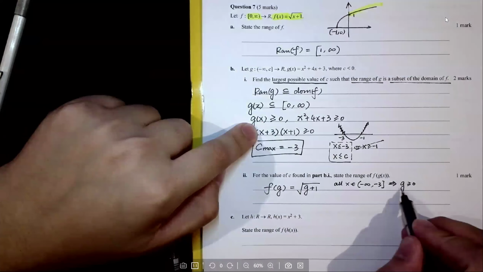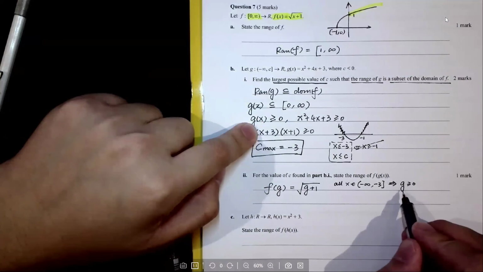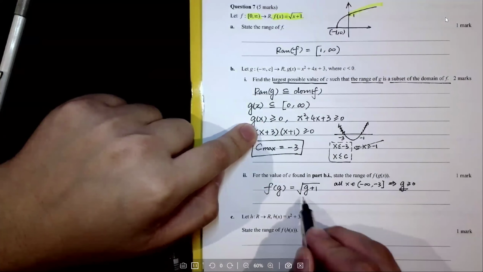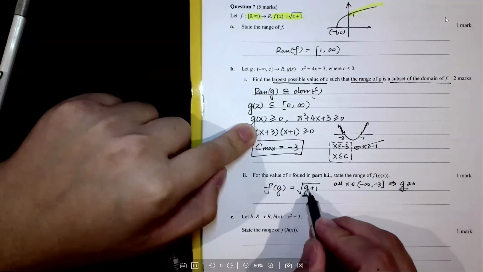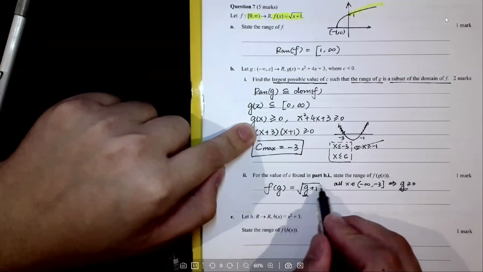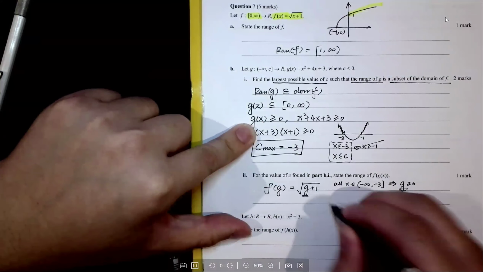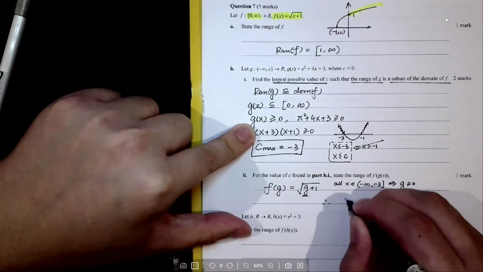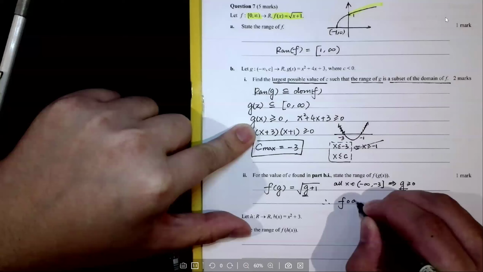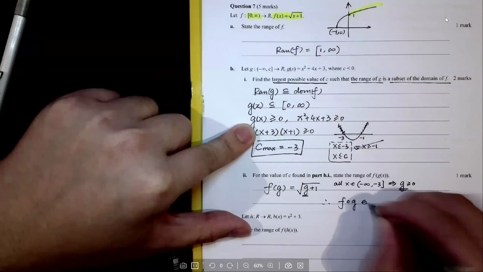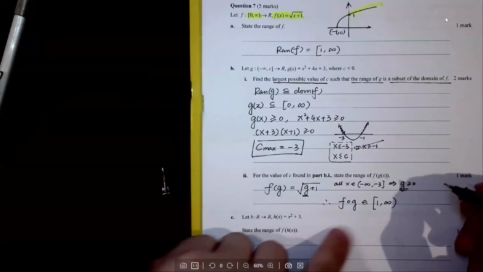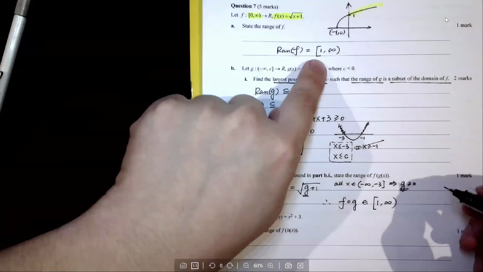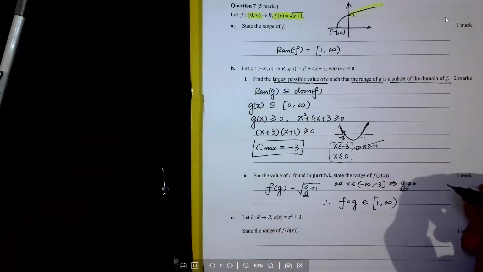So if I don't treat g as a function, I treat it as a dummy variable, you will see g starts from 0, so g + 1 starts with 1, so the square root is just starting from 1. Therefore, f of g belongs to 1 to infinity. So it accidentally has the same answer as the first part, okay?